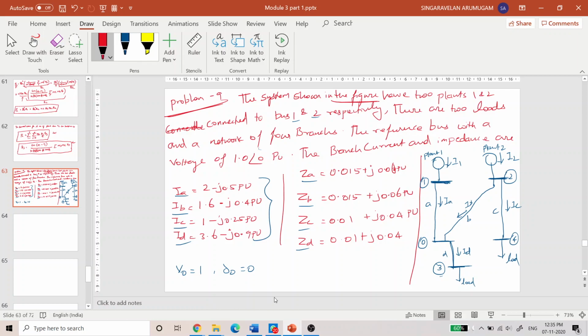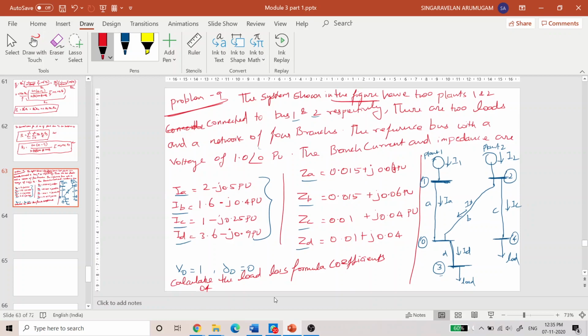So the question continues: calculate the loss formula coefficients of the system in per unit and megawatt inverse.